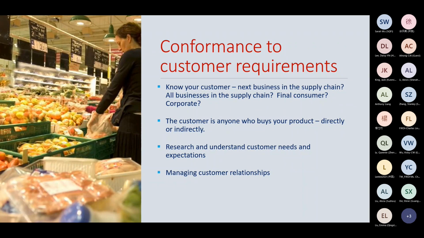We just develop the product and sell it into the marketplace. But they do know their customer requirements, because if that product is successful, then sales will go up. If the product is unsuccessful, the market doesn't like it, then the sales will go down. So they do understand their customer needs, and they must also respond positively against customer needs.